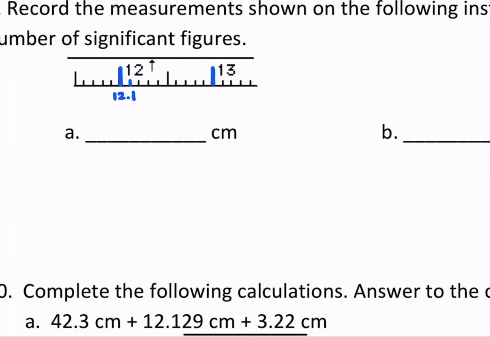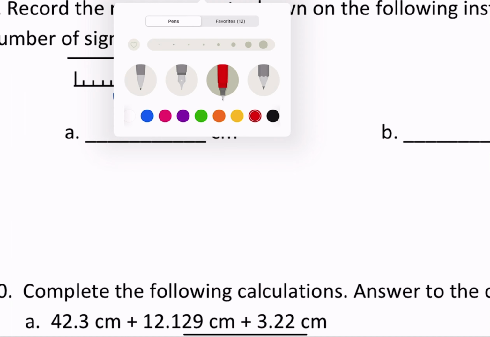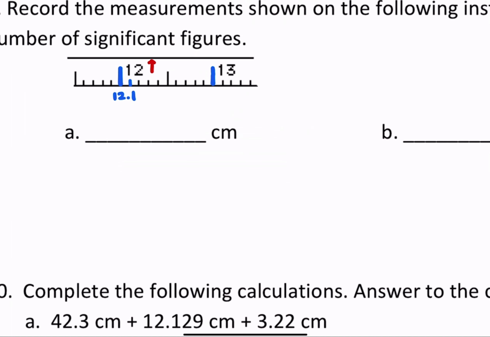And then the next one will be 12.2, 12.3, and so forth. The arrow is located here. Therefore, this arrow is in between this mark and that mark. The mark on the left stands for 12.3, the mark on the right for 12.4, obviously centimeter.